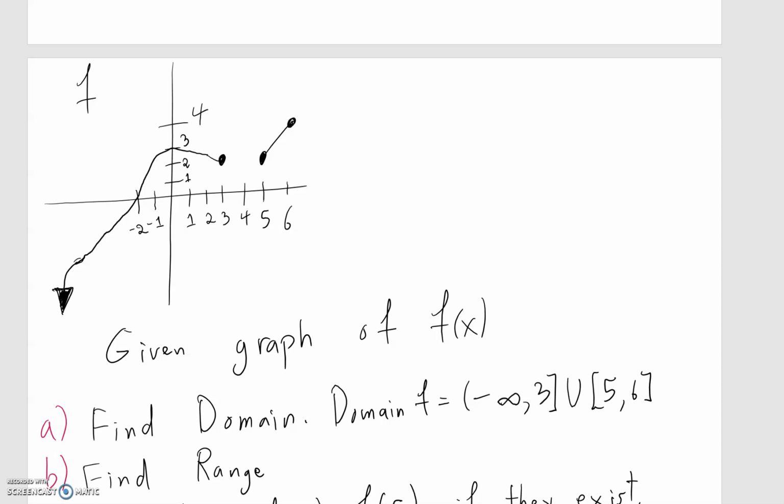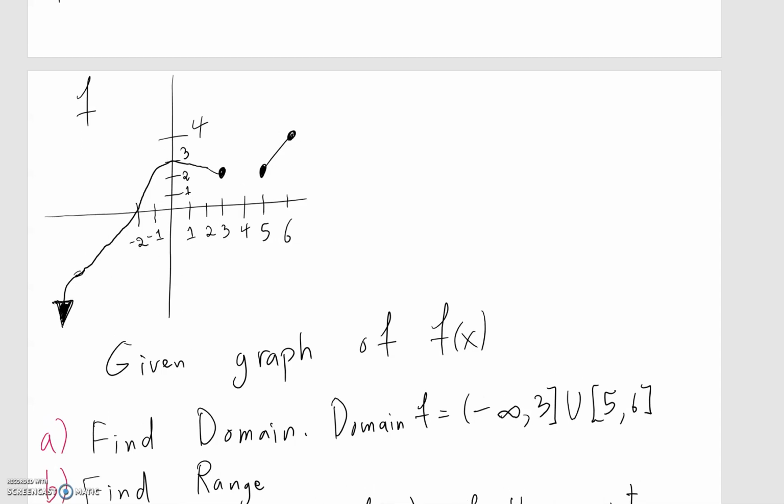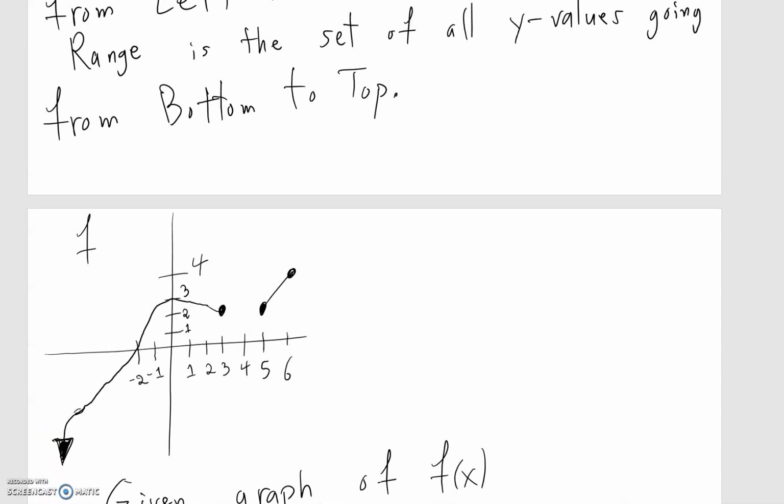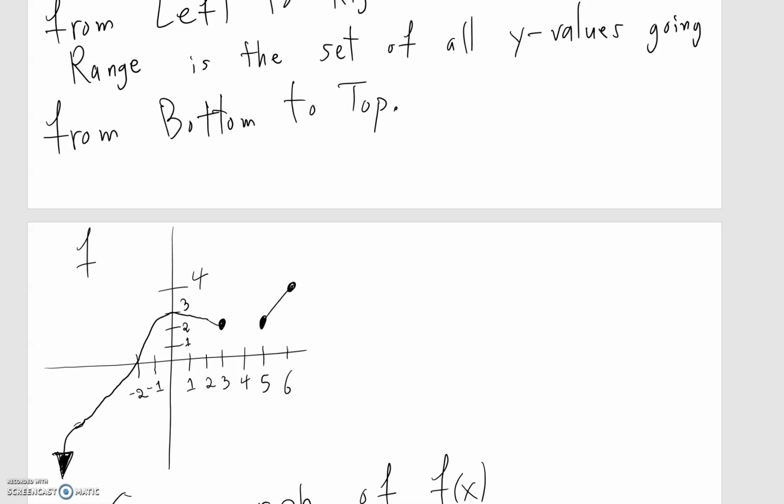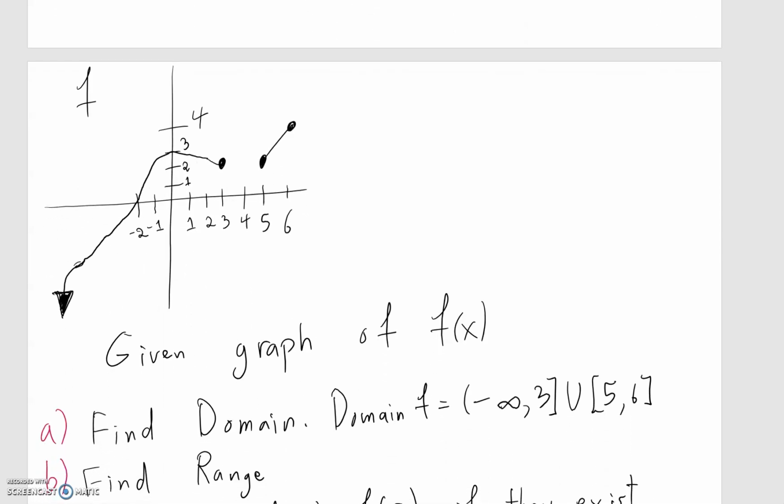What about the range? Let me scroll back up. The range is the set of all y values going from bottom to top. If we look at this graph, going from bottom to top, well, we know that this graph is going towards negative infinity, as evidenced by the arrow pointing downwards.